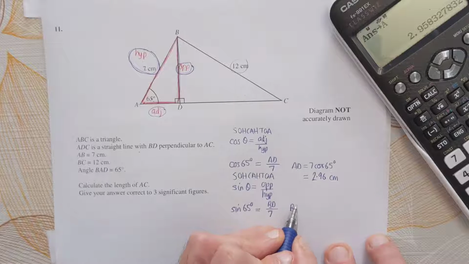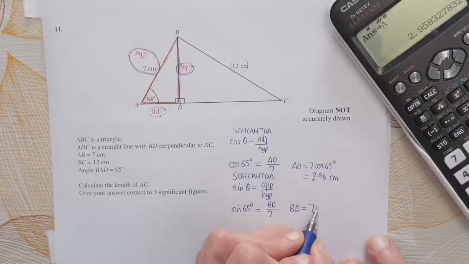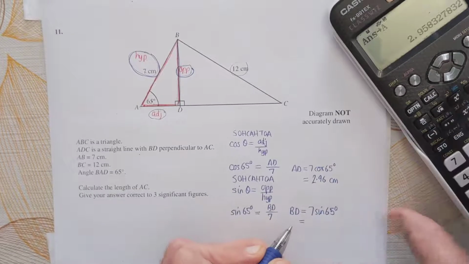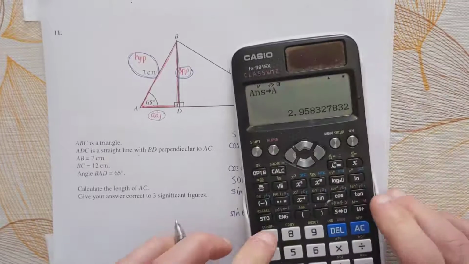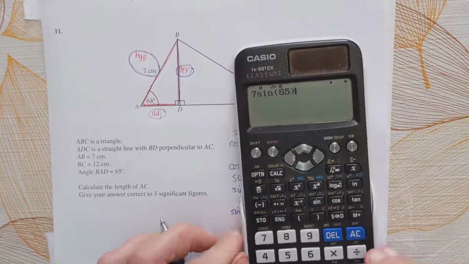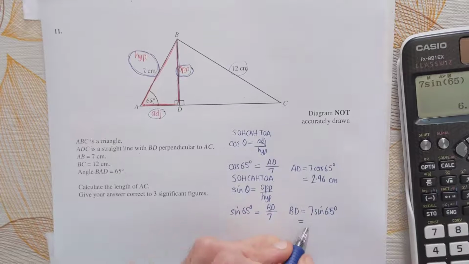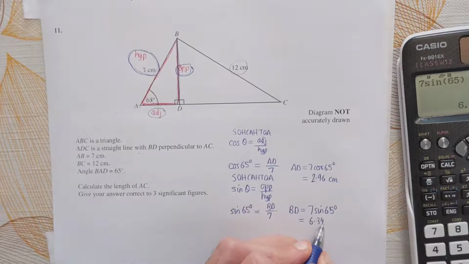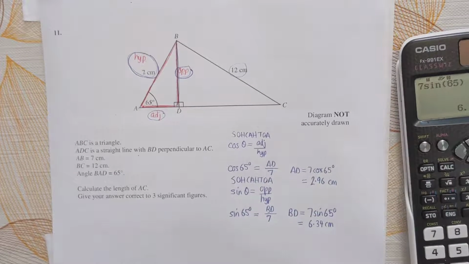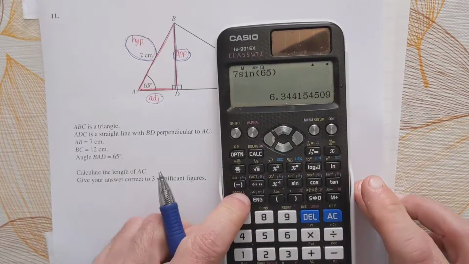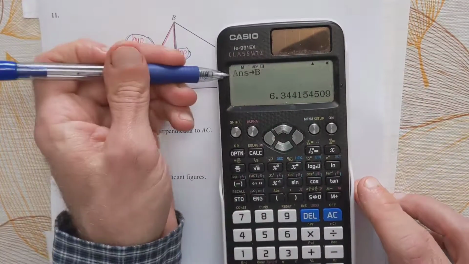And so BD is 7 sine 65 degrees, which is, get the calculator out, 6.34. And I'm going to store that in memory slot B of the calculator.